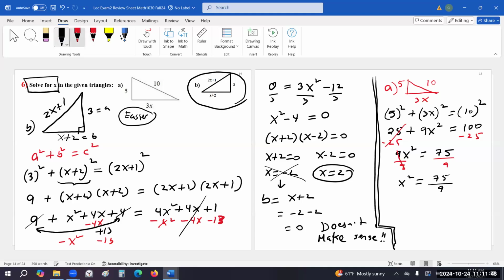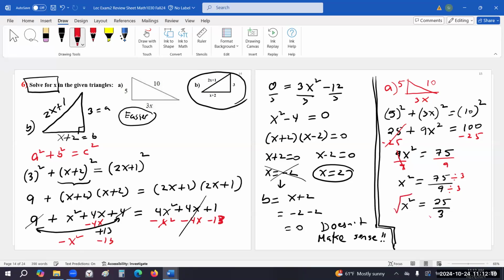But before taking the square root, can you reduce this fraction? I remember last time you said the same thing. No. 3. So 3 goes into 75 how many times? 25 times. And 3 goes into 9 three times.